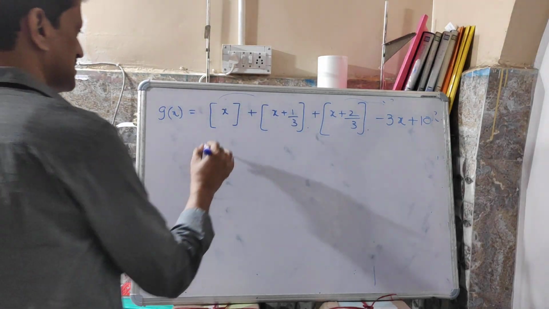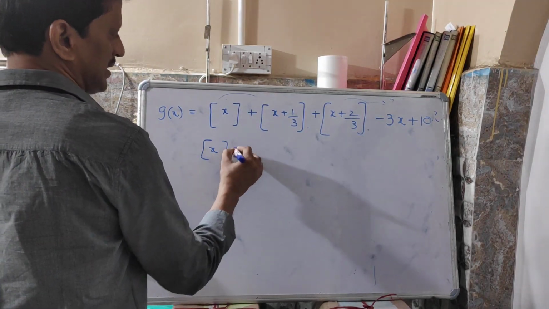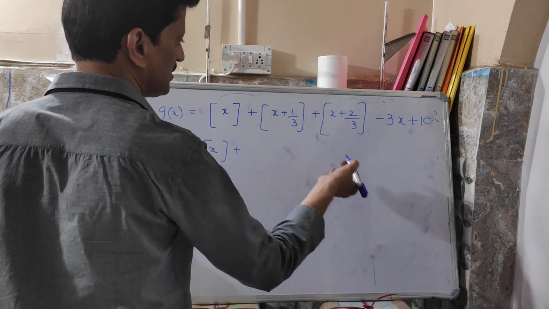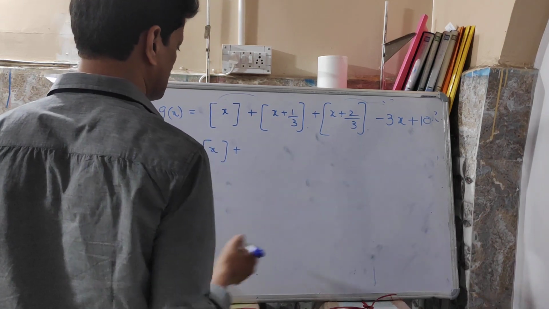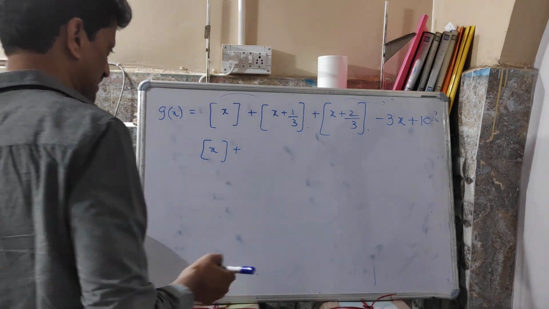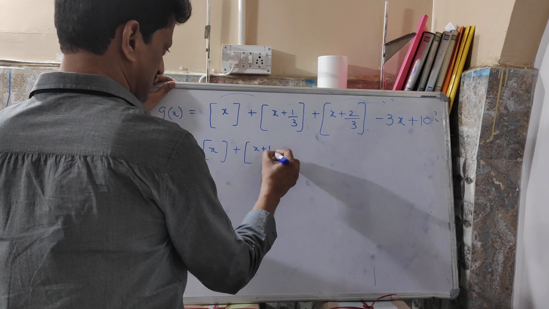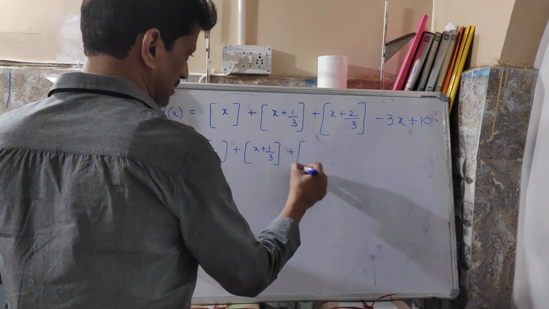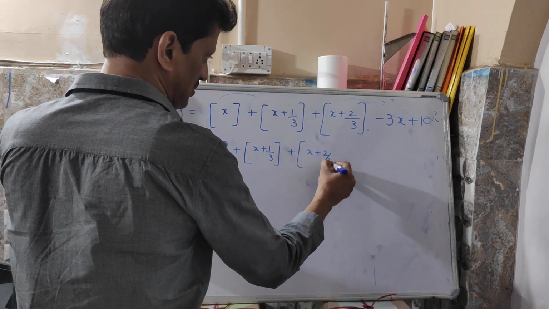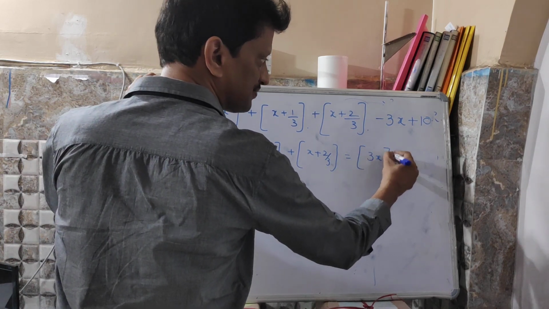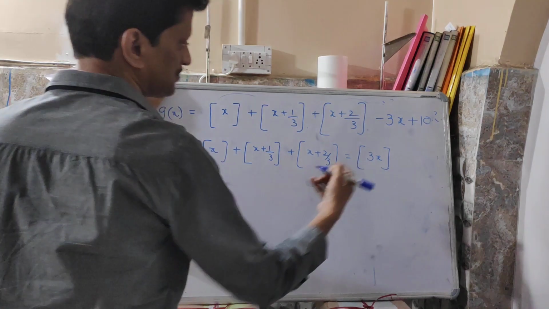We have a standard result, bracket x, bracket of x plus 1 by n, 2 by n, 3 by n up to n minus 1 by n is equal to integral part of nx. We have a standard result that हमने 11th क्लास में सीख लिया. So integral part of x, the x plus 1 by 3 integral part of x plus 2 by 3 कितना होगा, बोलना, integral part of 3x from your 11th knowledge.